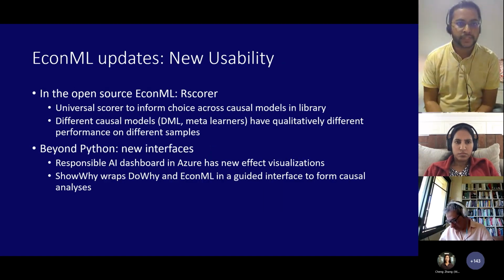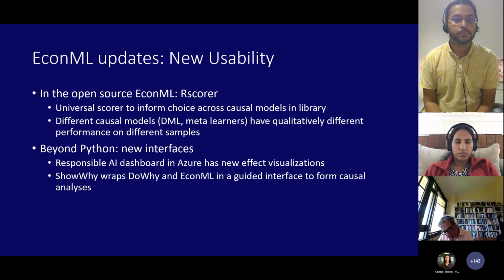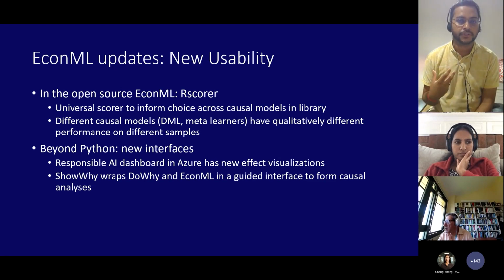Let me also share some exciting updates from EconML, which we just discussed earlier, which focuses on advanced estimation methods for causal inference. One improvement is a new universal scorer called R-scorer, which can inform choice across different causal models in the library.